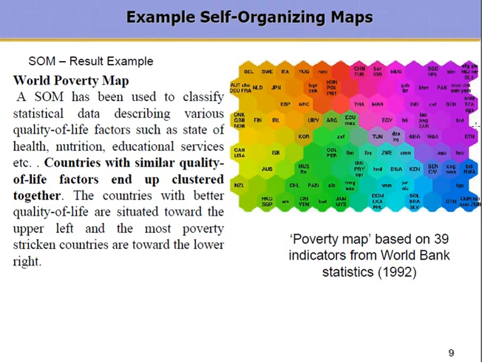So we can say all these countries have a better living, and the most poverty stricken countries are towards the lower right. So these are the countries with the highest poverty levels. So you have seen that with the help of SOM, we have sorted out this very complex problem very easily.